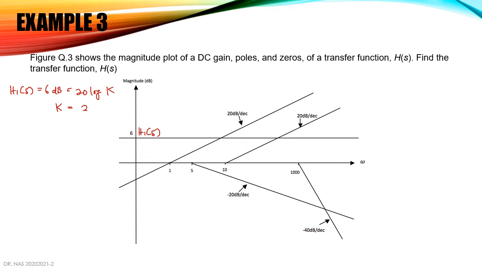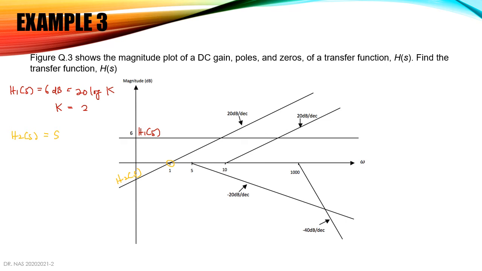Next, consider the zeros at origin. Okay, there's a line with 20 dB slope crossing 1. So we know the equation has zeros at origin. We call this one H2(s). So we know that H2(s) equals s.